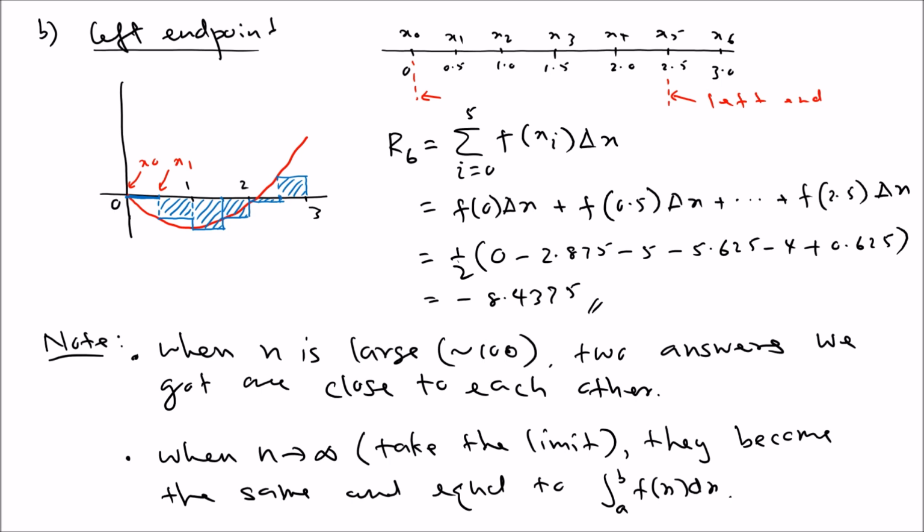So that's what we call the midpoint rule. You have less error if you pick the midpoint, but if you pick the left hand point or right hand point, there's a huge error. Just to avoid that, we pick the midpoint.